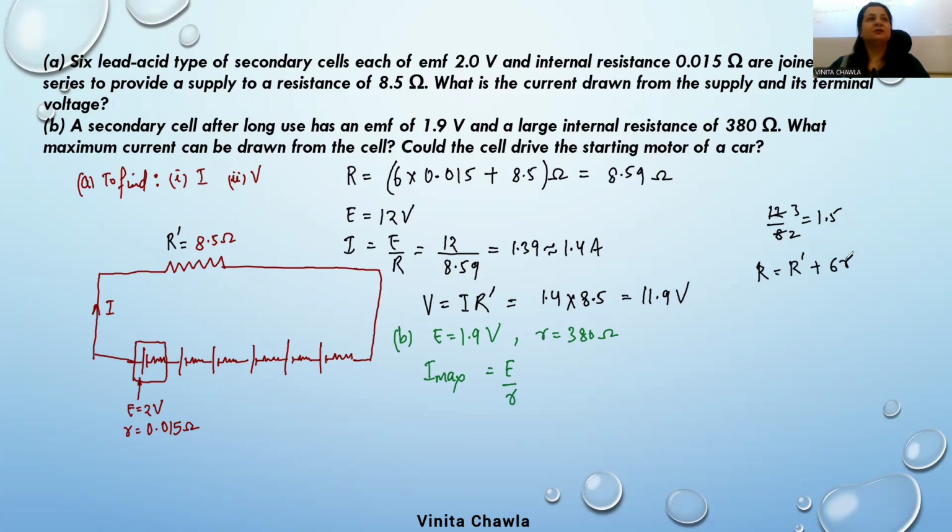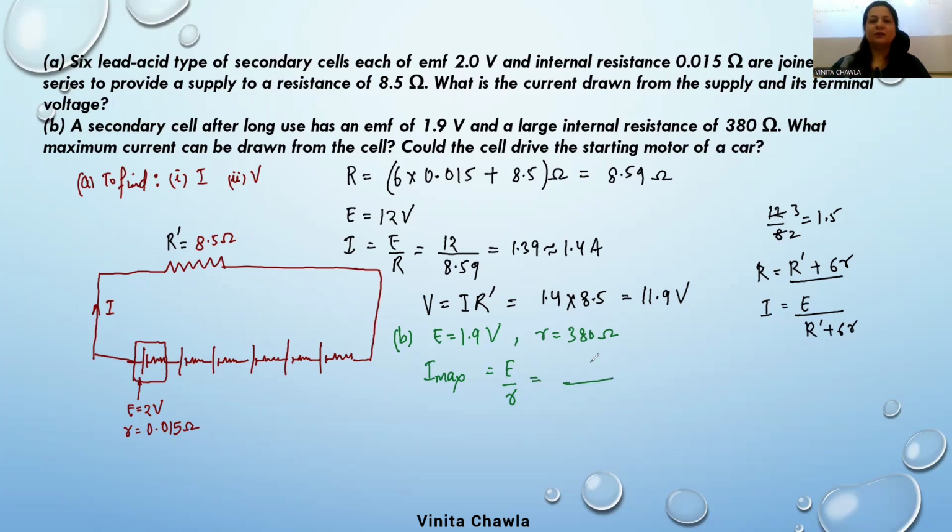So this R is the net resistance. When we are finding the value of current I, we consider net resistance, so I is E upon R dash plus 6r. For terminal voltage, we consider only load resistance, and for current, net resistance. But if you have to find maximum current, then we only consider internal resistance.